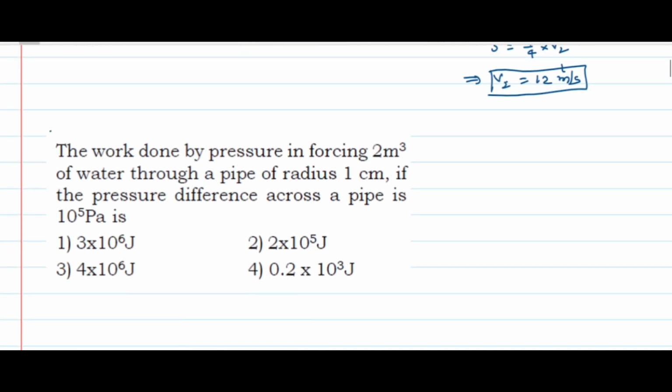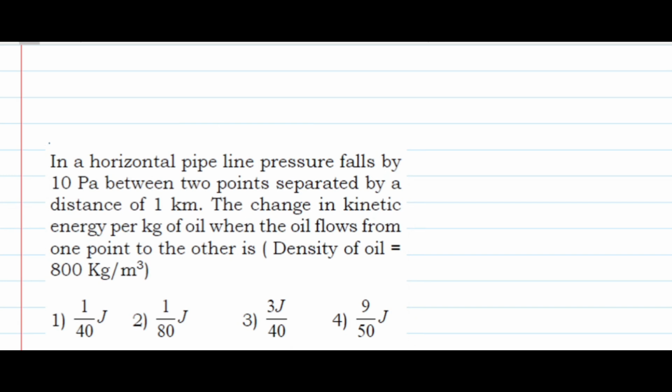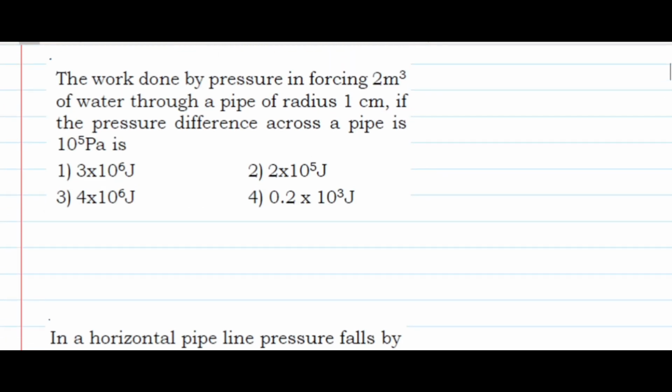Look at the next question. The work done by the pressure in forcing 2 meter cube of volume of water through a pipe of radius 1 centimeter, if the pressure difference across the pipe is given as 10 power 5 Pascal. So here the pipe is given.